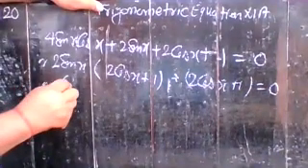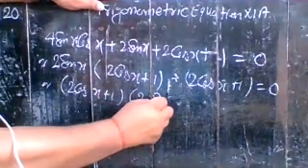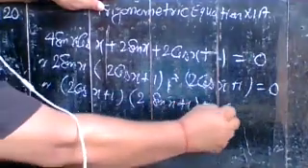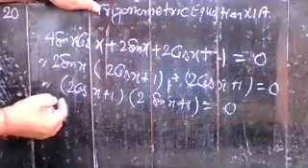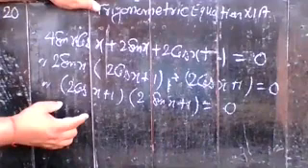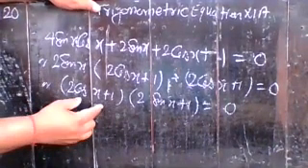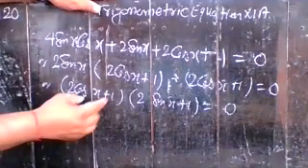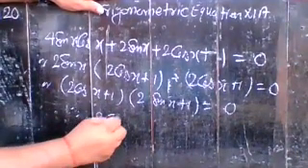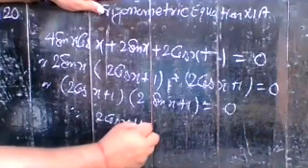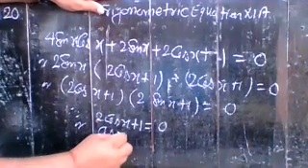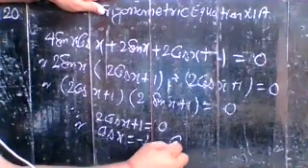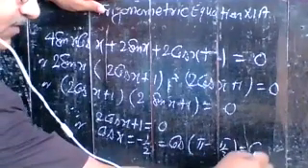Now taking 2 cos x plus 1 as common, you have (2 sin x plus 1) times (2 cos x plus 1) is equal to 0. So you see that your left side is converted into the form of factors. If the first factor 2 cos x plus 1 is equal to 0, then cos x is equal to minus 1 by 2, which is equal to cos of (pi minus pi by 3), which is cos 2 pi by 3.